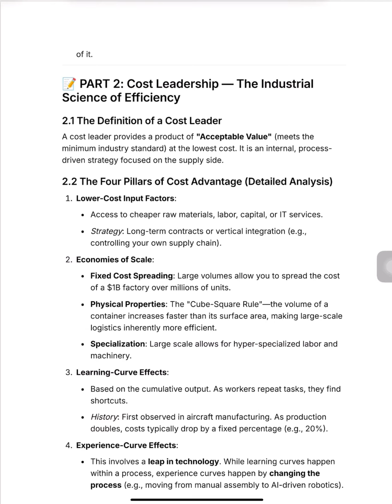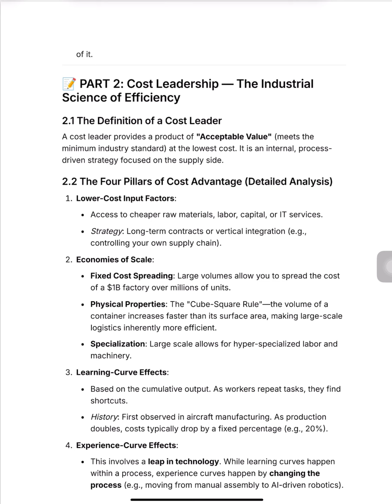All right, so we should start part two. Part two is about cost leadership as well.